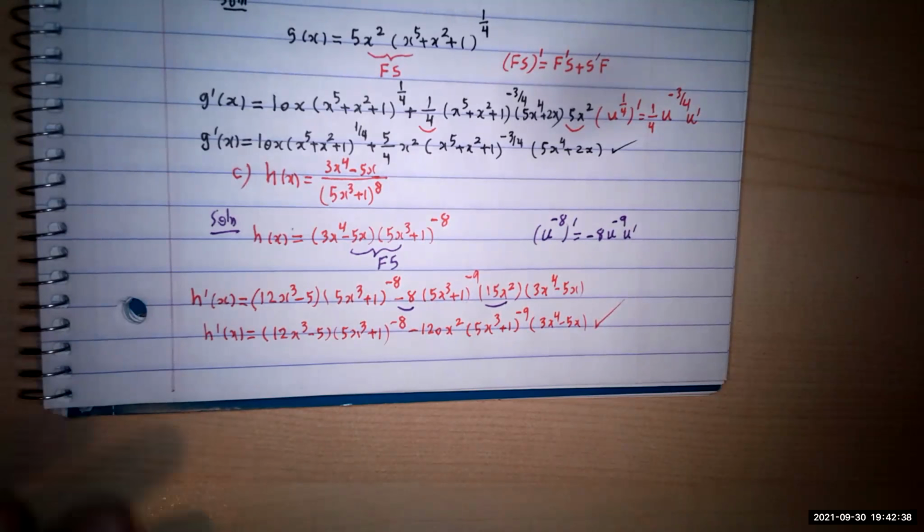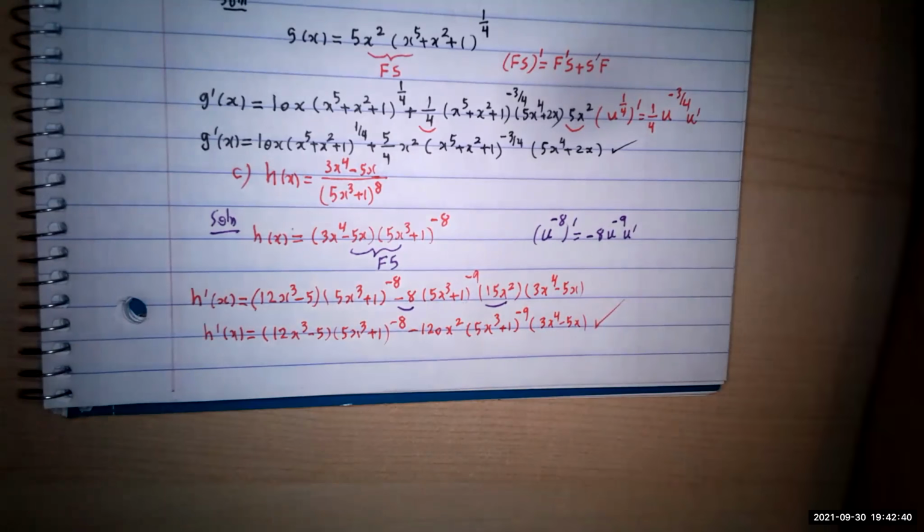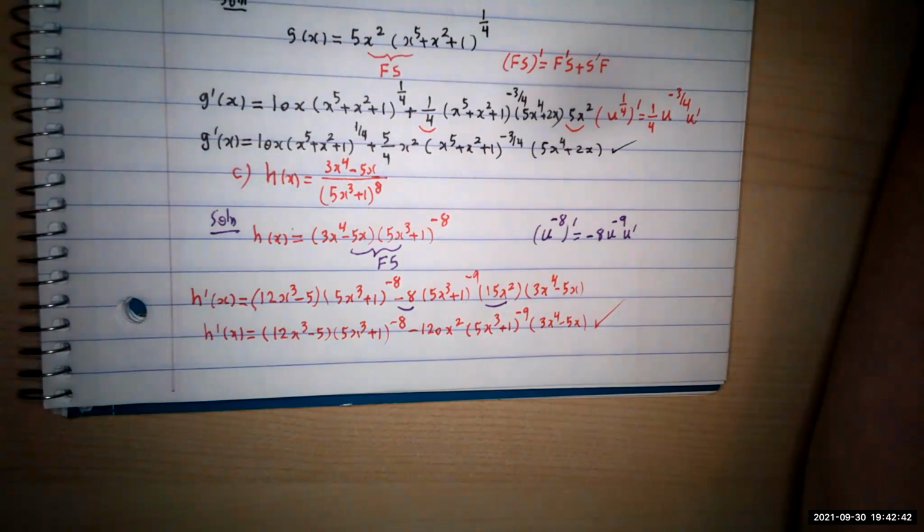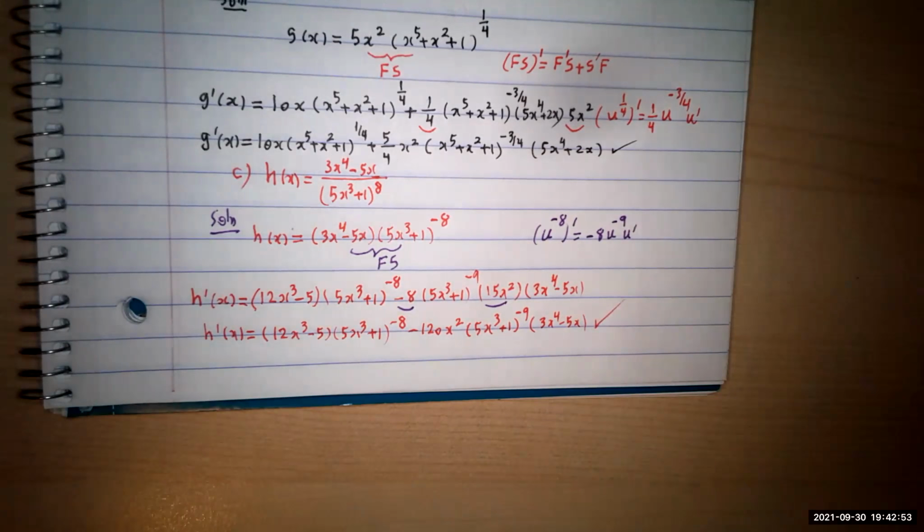Any question? We just try to make it as easy as possible so that we are not going to worry about it. Okay, so you can try it for yourself. Sometimes people do the quotient rule for this one. It's going to be quite a long fraction for the quotient rule.